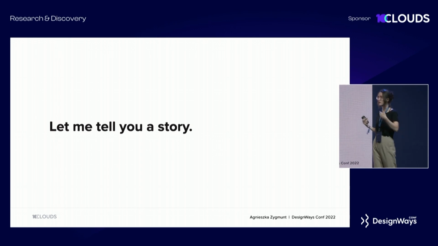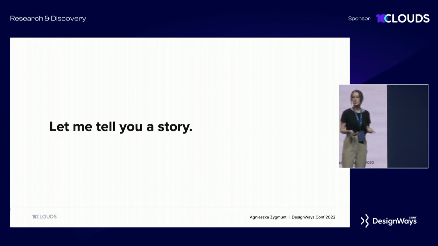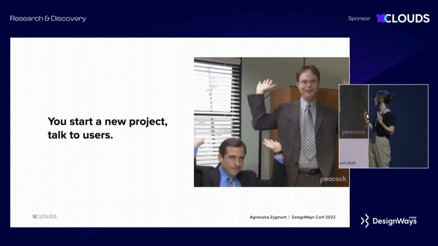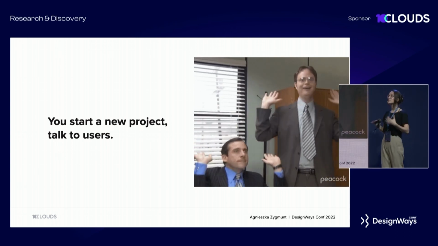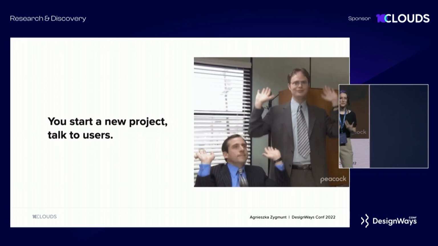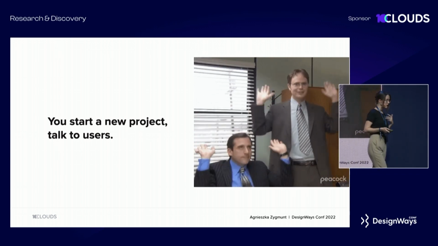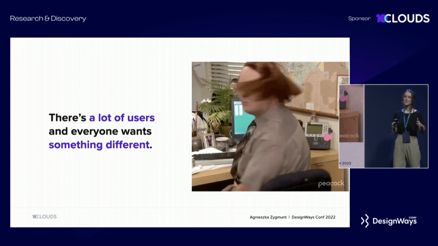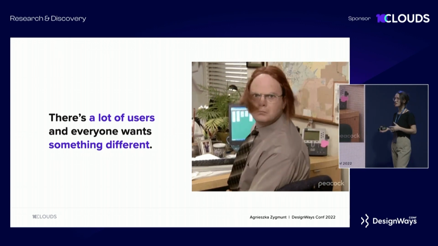The story that happens to me all the time because I'm working in product discovery. So you're starting a new project. And you start to talk to the users. You're really excited about everything because you find a lot of great insights. And after a long time, you find out that, OK, you were quite excited, but there are a lot of users.